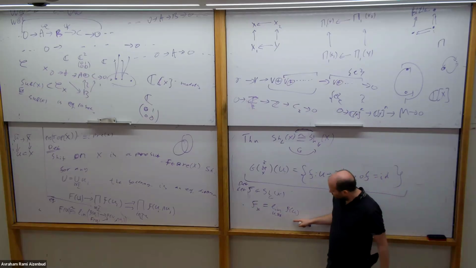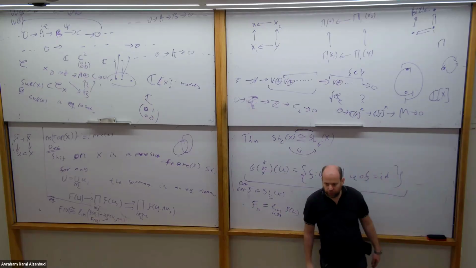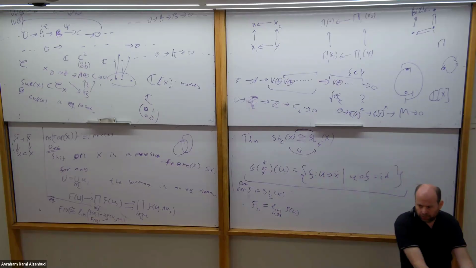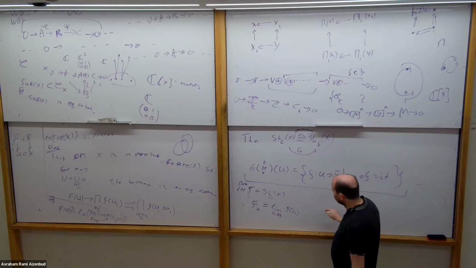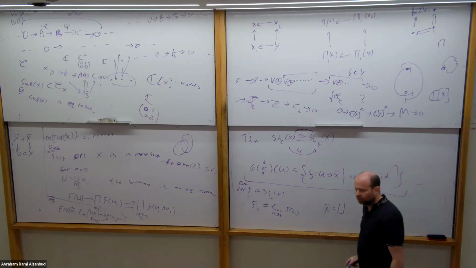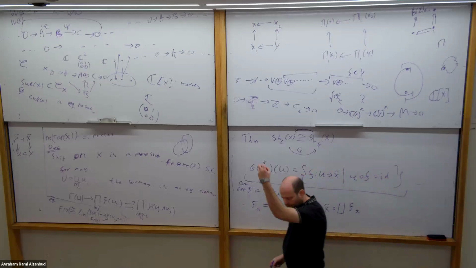And this F is a contravariant functor, so we have maps when U becomes smaller and smaller. And then we take the limit over all this diagram. This is kind of a huge object, and then we define X tilde to be, as a set, the disjoint union of the stalks. So over each point, we just place this.